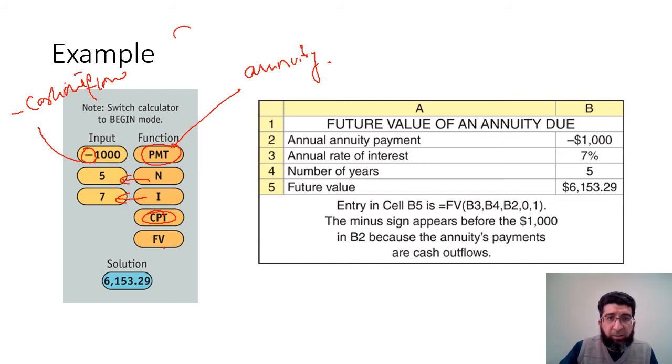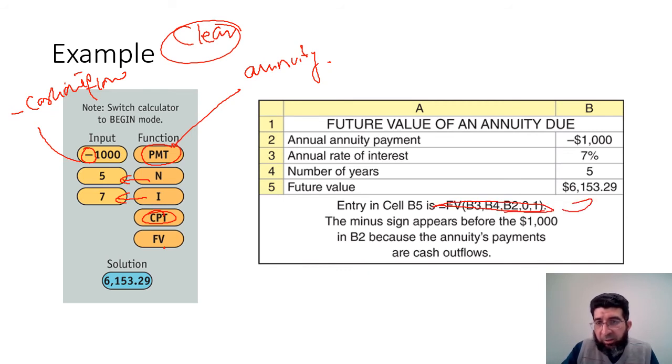Remember to always clear the calculator memory so that the old values do not create any problem with the new values. Also, you can calculate by using the future value formula, or you can structure your own formula and enter the inputs, and you can get the answer 6153.29.